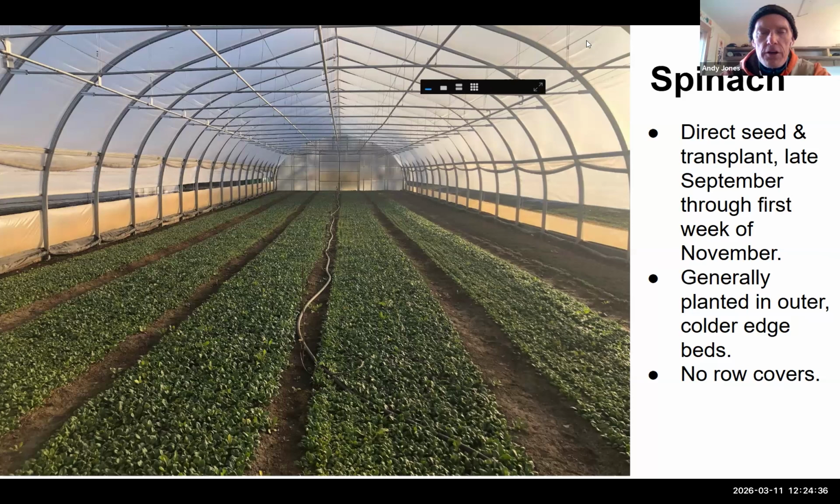Spinach, starting with stuff that we have out in the tunnels right now. We do a fair amount of spinach, probably a house and a half worth or so. This is one of our winter houses. This is not our current look on how we do spinach, but we still do a little bit more than this.